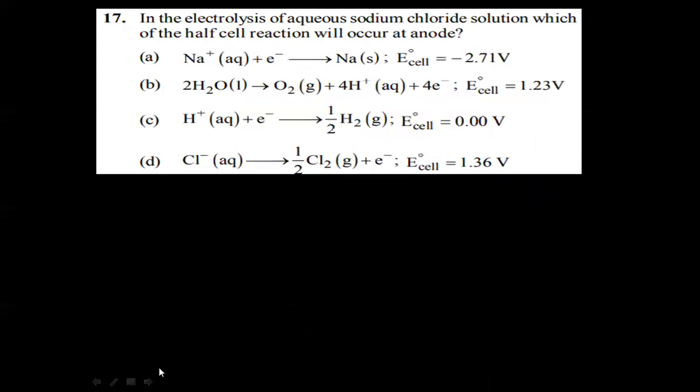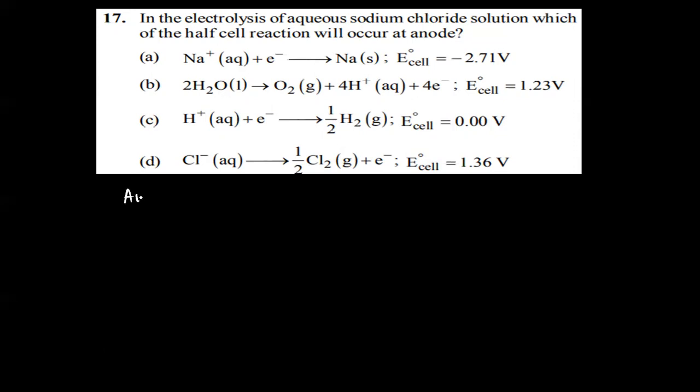17. In the electrolysis of aqueous sodium chloride solution, which of the half cell reactions will occur at anode? Okay, let me consider the electrolysis of a NaCl solution.